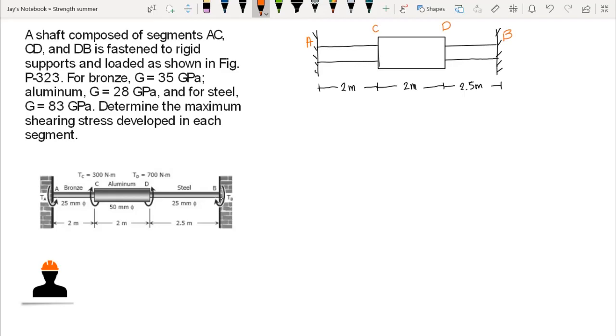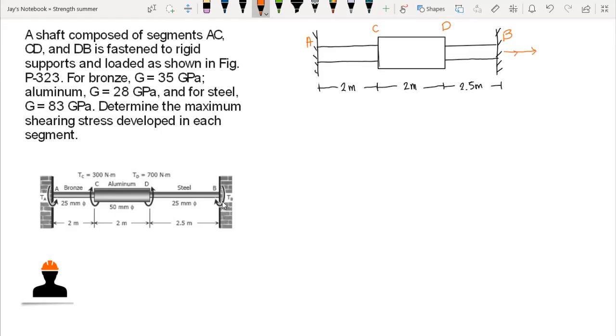For the right-hand rule, if we curl our fingers about the rotation of this axis or of this bar, we have our right thumb pointing to the right. Our double-headed arrow represents this twisting moment as pointing to the right.